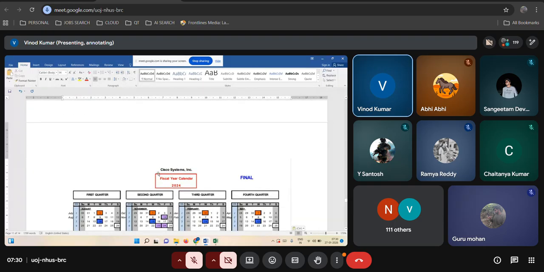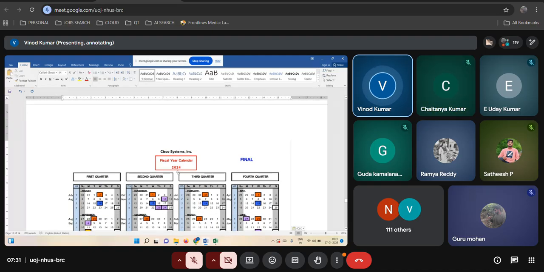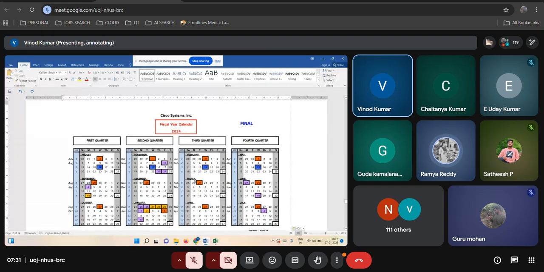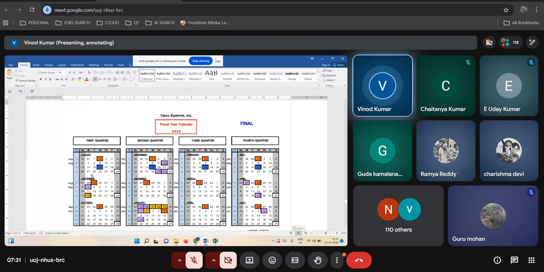Cisco. So it is a Cisco US-based company, and this is the financial calendar of their company. How many quarters do they have? 4 quarters. What is the starting month and the ending month, guys? August to July. Yes, August is the start and the ending month is July. According to this only, our end-to-end activities in the companies will depend if you're working for Cisco.